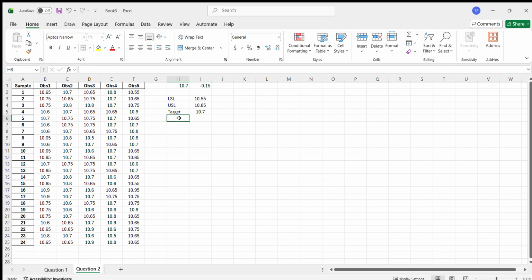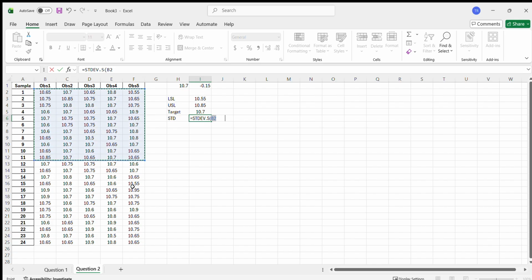So in order to find the upper and lower CP, we need to find the standard deviation for the equations. So what we're going to do here is STDEV.S.